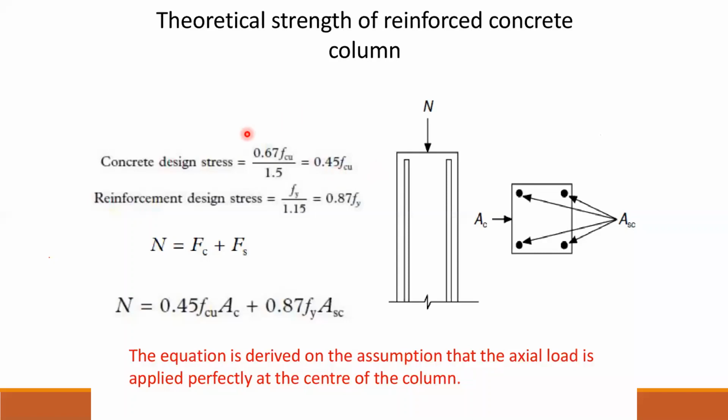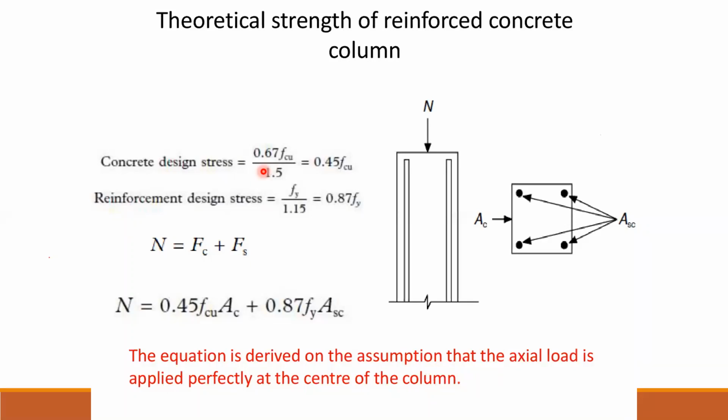We had discussed yesterday how we can find this characteristic strength, how you define it through the normal distribution curve. Then the reinforcement design stress is fy over 1.15, as someone asked this morning. So refer to the code of practice for what you are doing. If you are using the 1997 code, of course you can go for 1.05.